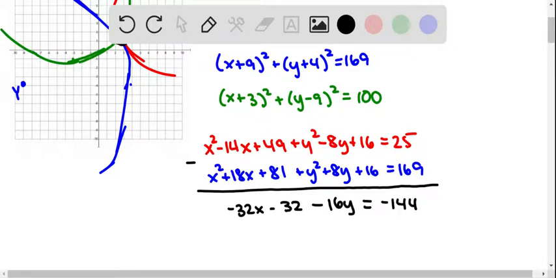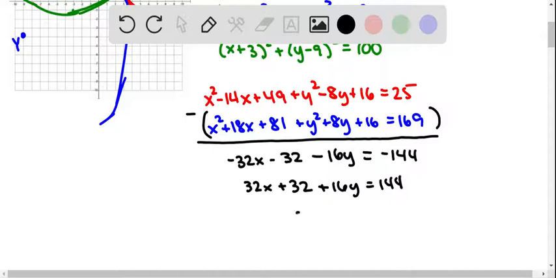Let's multiply both sides of this by negative 1. So we have 32x plus 32 plus 16y equals 144. Let's subtract 32 from both sides. So 32x plus 16y equals 112. And then we can divide both sides of the equation by 16, and we get 2x plus y equals 7. So I'm going to call that equation A.